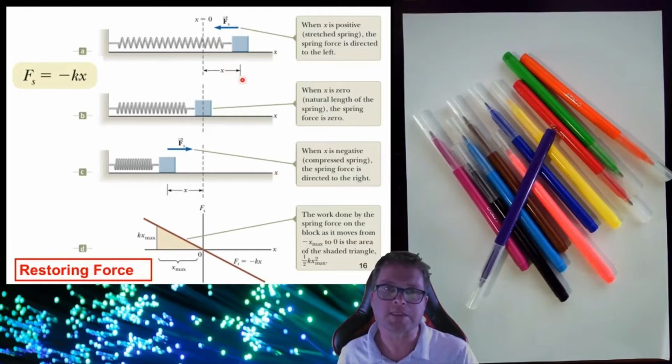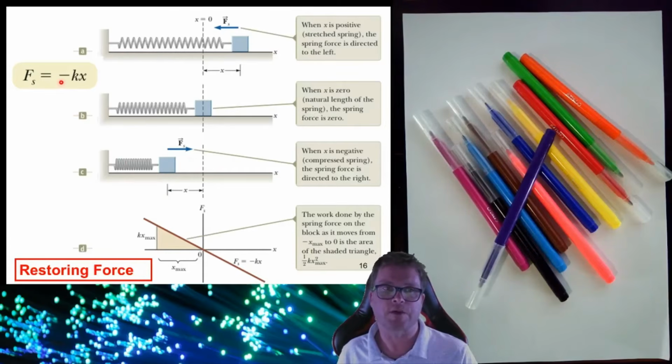When x is positive, then Fs is going to be minus k times a positive number, which will be a negative number. So it means that the force of the spring is pointing to the left. When the block finds itself on the left hand side of the zero position, x is going to be a negative value.